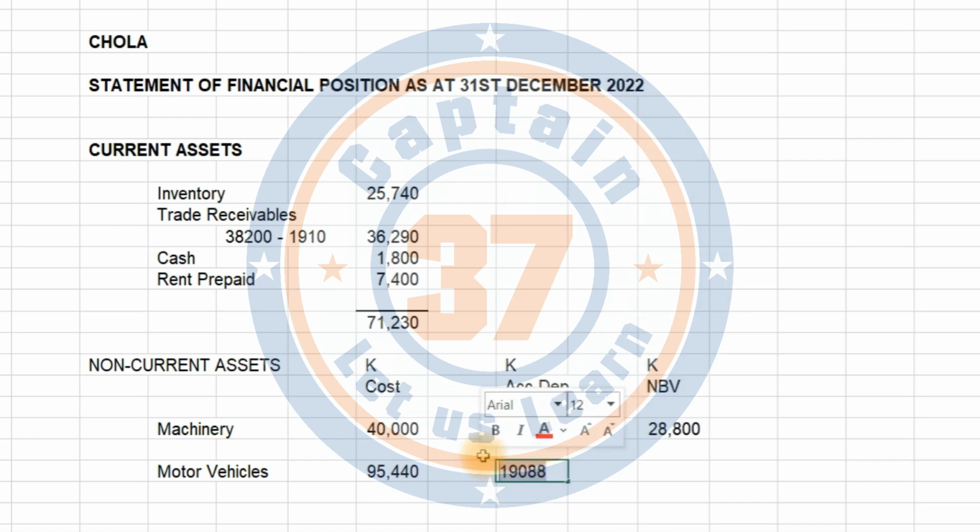It is 20,168. Next is the net book value, and remember that the net book value is this, take away this, and it gives us 75,272. We then do the calculations to add these, and add these.